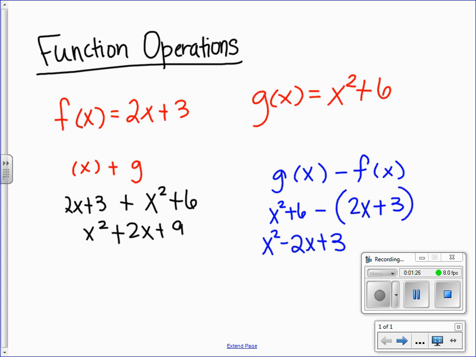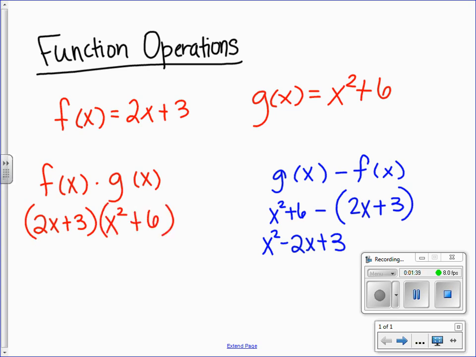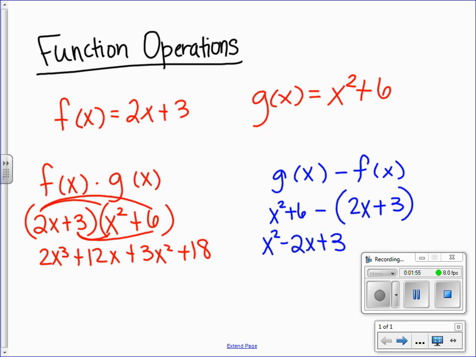We've multiplied functions. 2x plus 3 times x squared plus 6. How do I multiply that? Yep. 2x to the third plus 12x plus 3x squared plus 18. Can't be simplified, but we can at least make it a little bit neater.